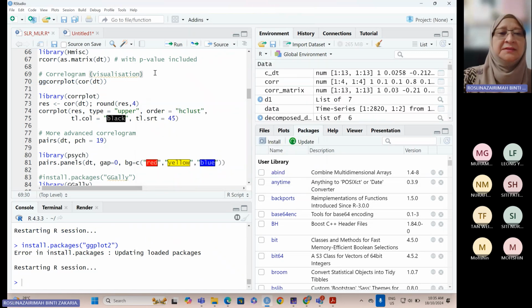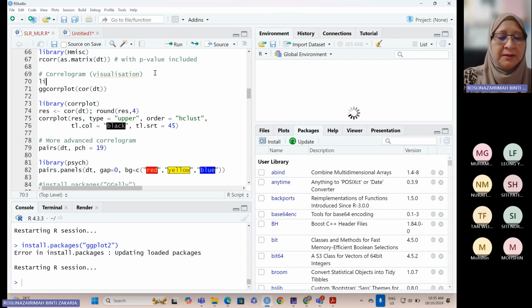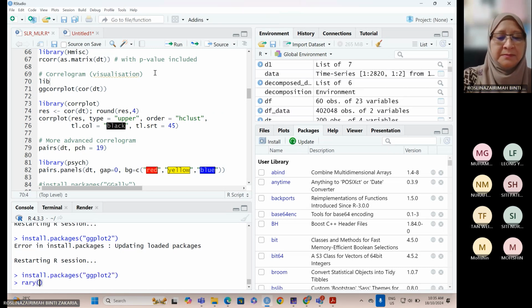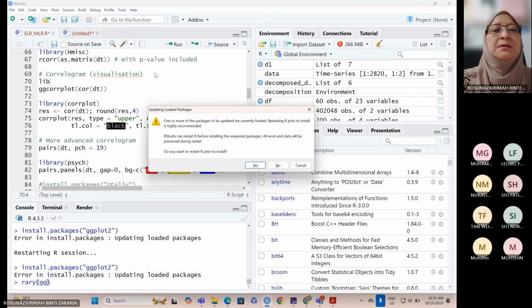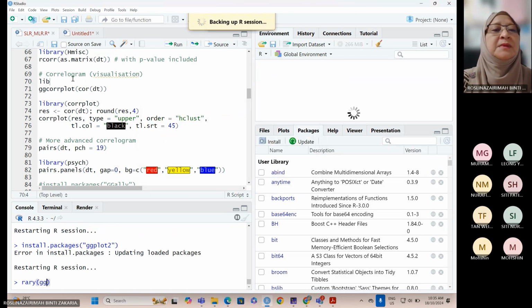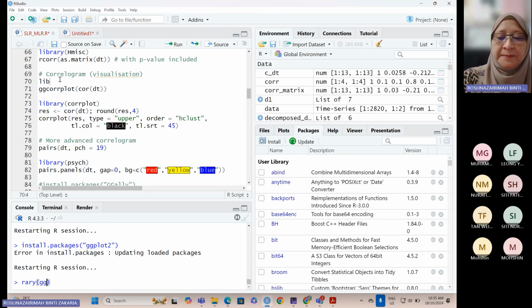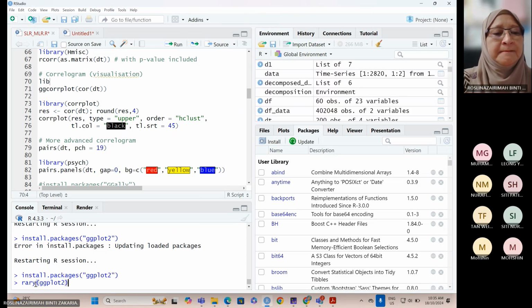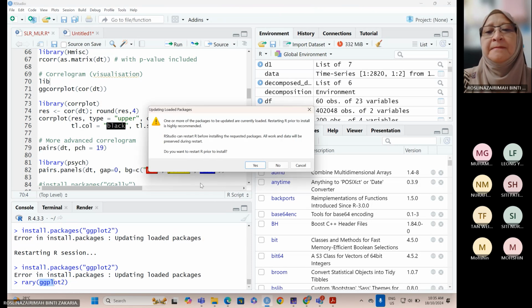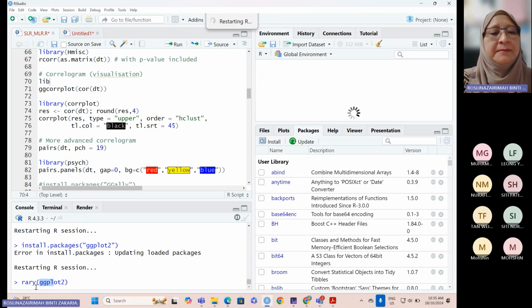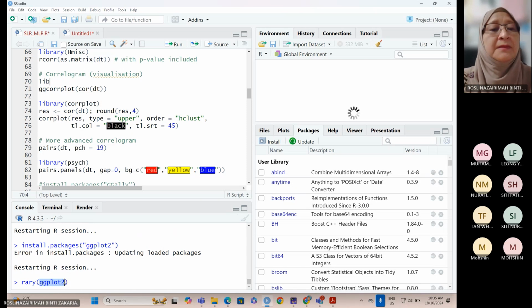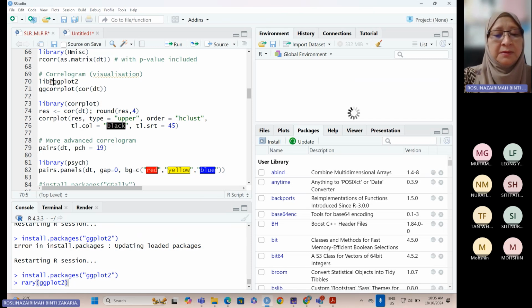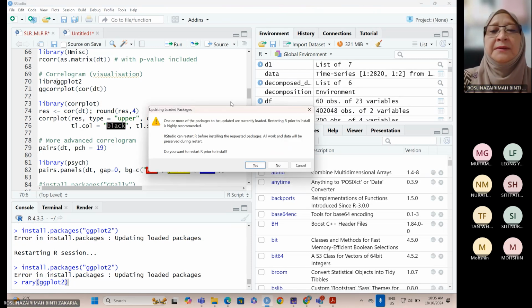It's giving me a headache. Wait, library ggplot. Maybe I need to close it first. Wait. I think I need to... library. Okay.